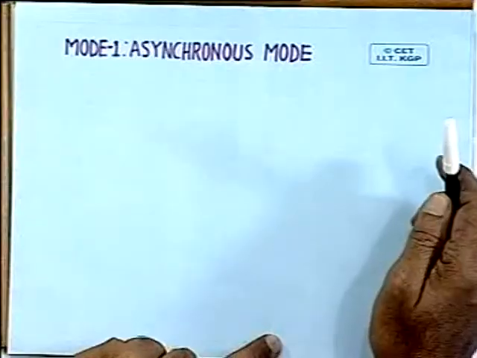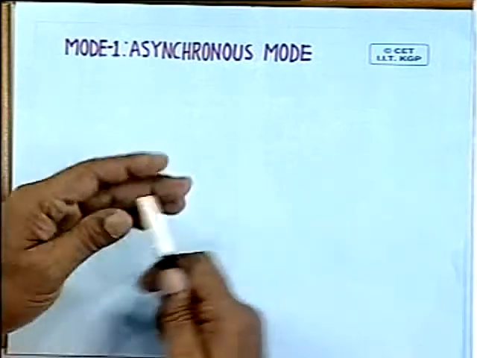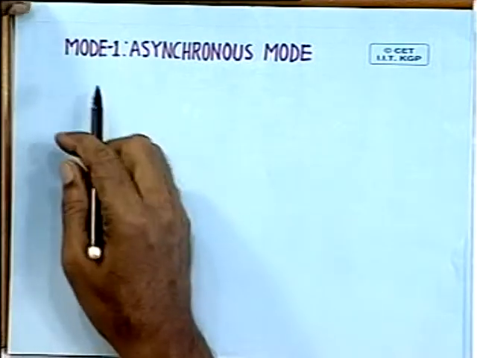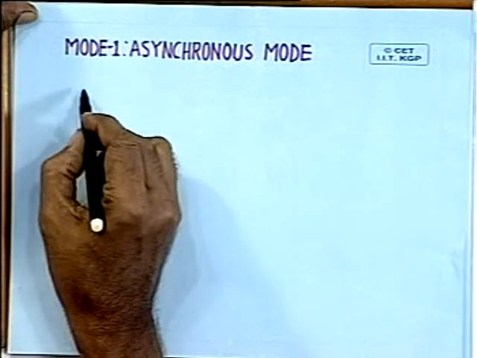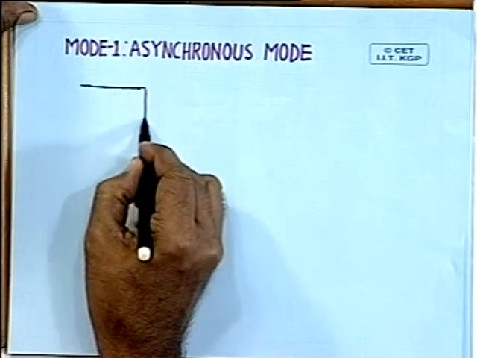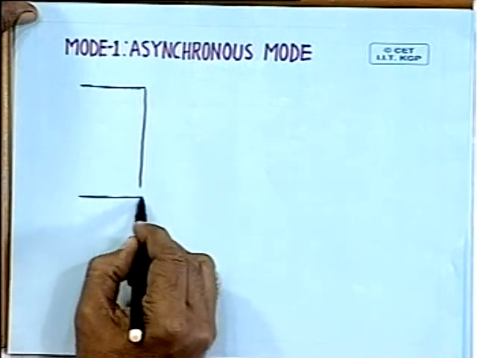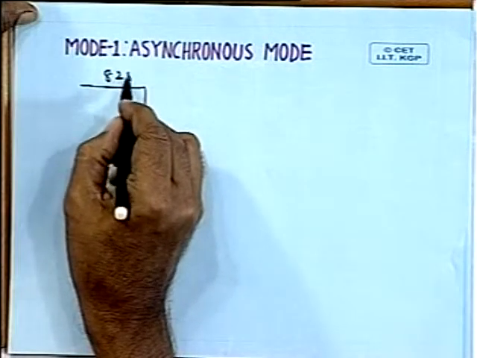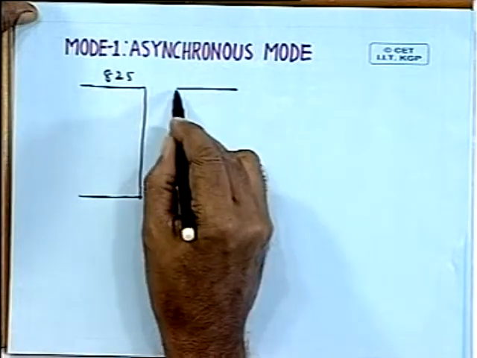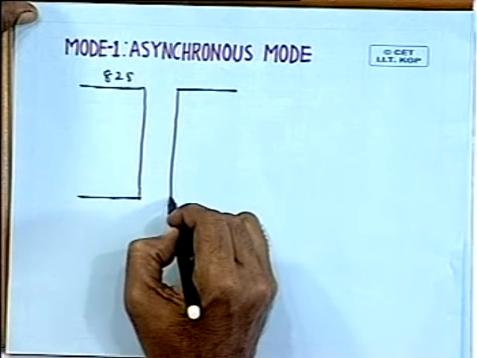Let me explain the operation of this device in both asynchronous mode and interrupt driven mode. First, let me see how it can be used in asynchronous mode. Let's assume that we would like to interface the 8255 to an AD converter, analog to digital converter.